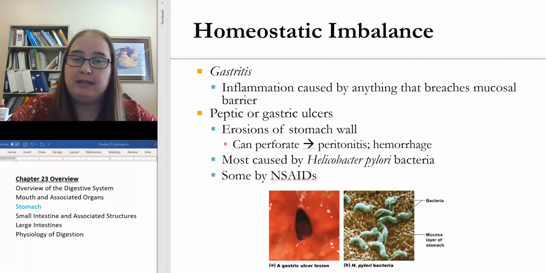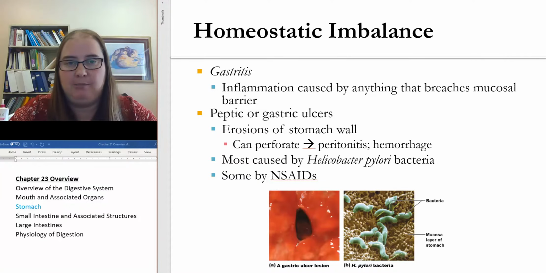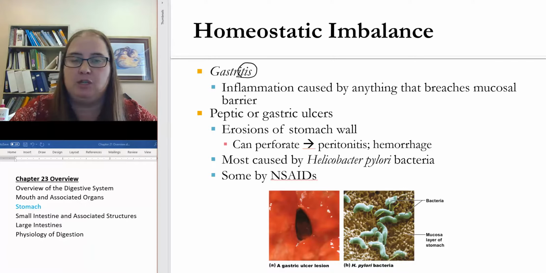Some homeostatic imbalances. One is gastritis. Again, anytime you see itis, this suffix means inflammation. Gastro is stomach. So anytime you have anything that causes an inflammatory response within the stomach, this will result in an inflammatory response.